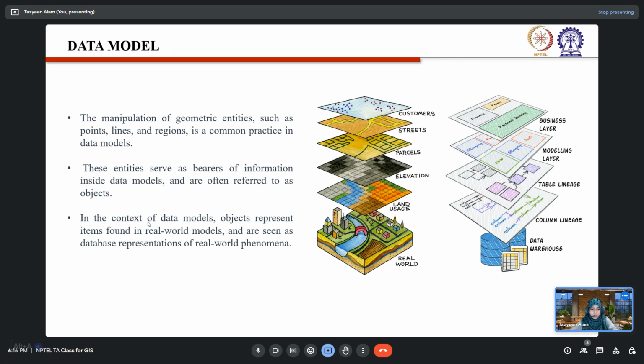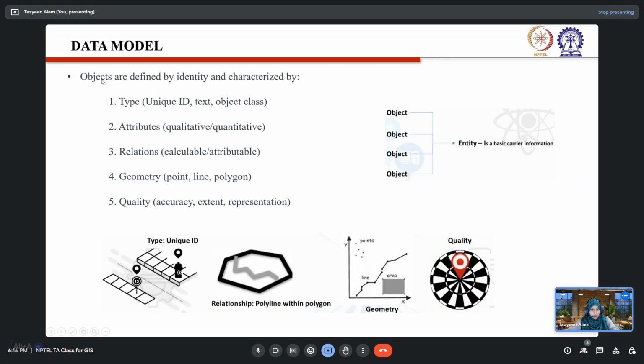Okay. So in the context of your data models, objects represent items found in the real world models and are seen as a database representation of real world phenomena. Here again we can see that several objects form your entity, and this entity is a basic carrier of information.